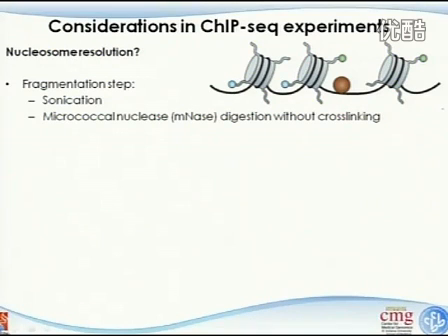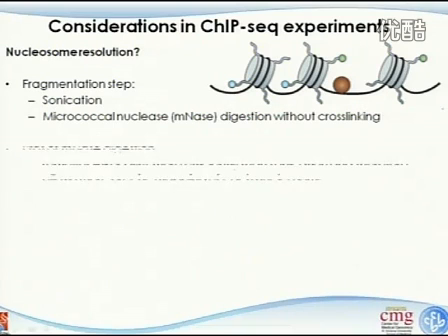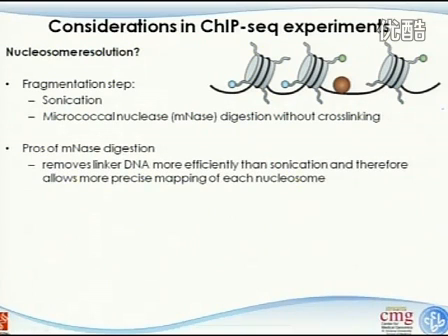The second way is based on enzyme digestion, which is micrococcal nuclease digestion, without cross-linking. This is another way to do it, and you want to consider which way you pick.